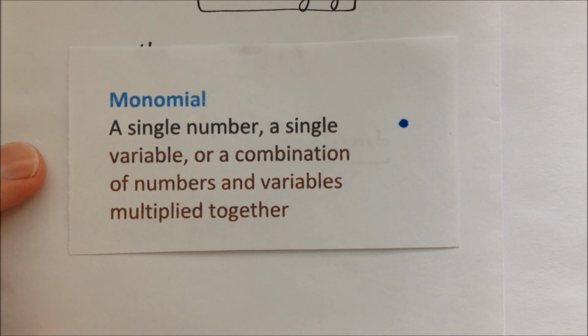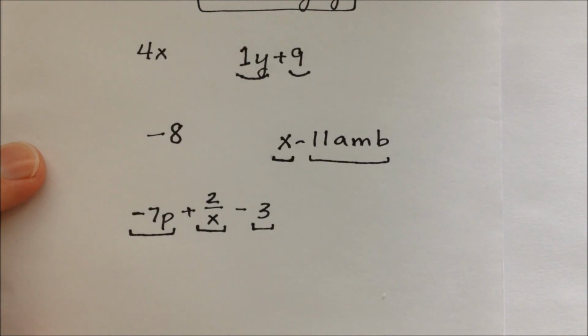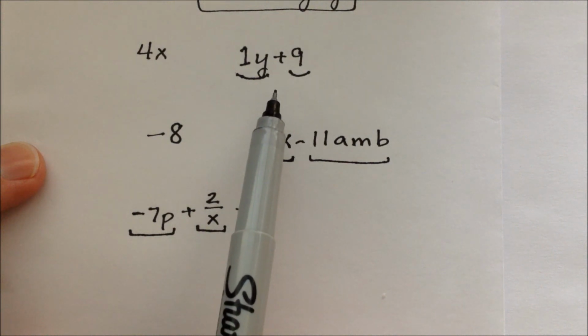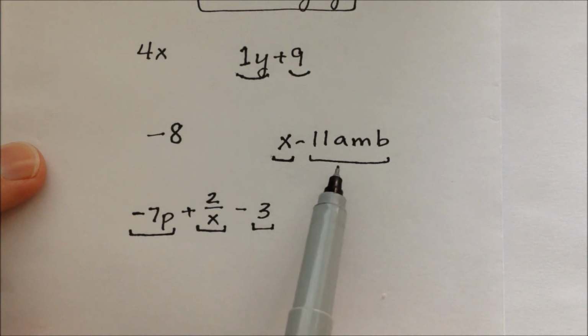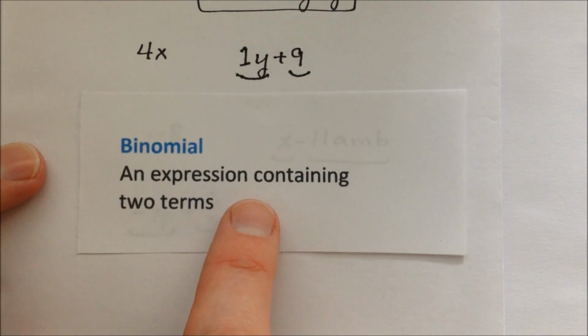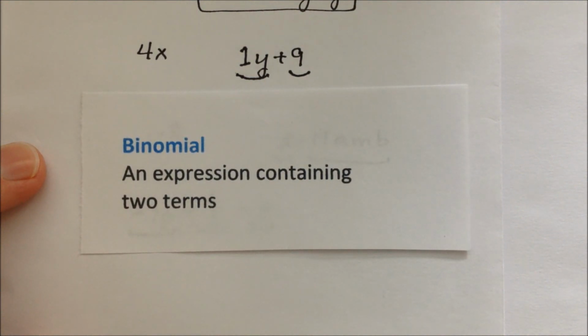Interestingly, you'll notice that that's the exact definition for the word term. So term and monomial are the same thing. Well, what if we have two terms, like our y plus 9 or our x minus 11AMB? We're going to call that a binomial. And a binomial is an expression containing two terms.